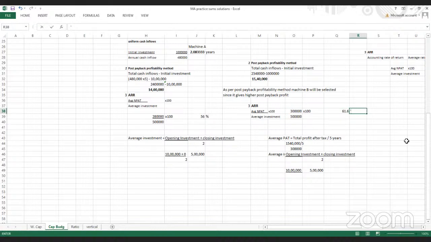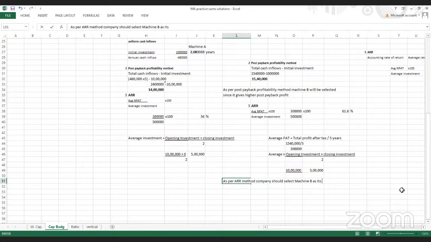Okay. So even as per this method, we should select machine B. Okay. So I'll write that statement. As per ARR method, company should select machine B as its ARR is higher.